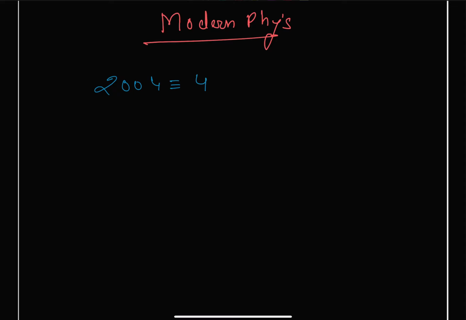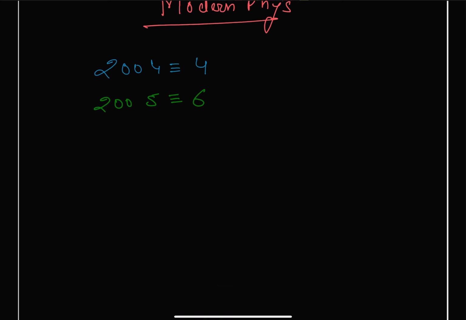Hello friends. So today we are going to solve some questions from modern physics, and these questions are from the year 2004, 4 questions, and we have 2005, 6 questions, 2006, 2 questions, and 2007, also 2 questions.